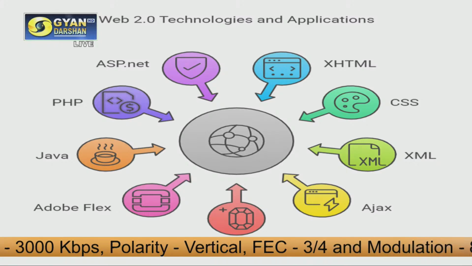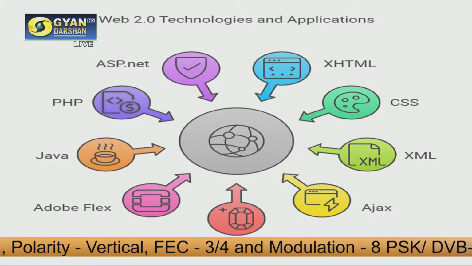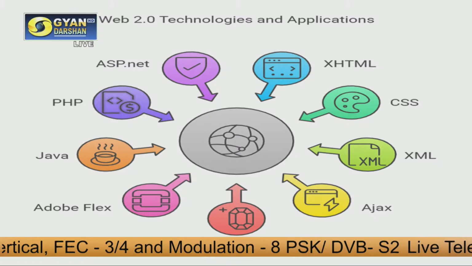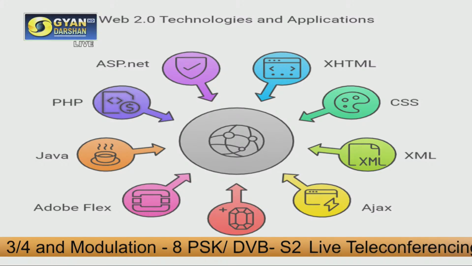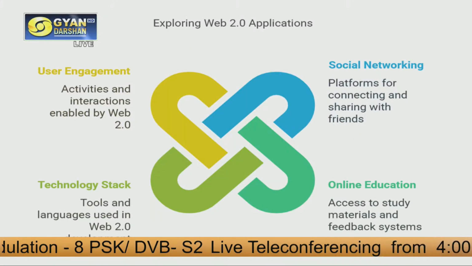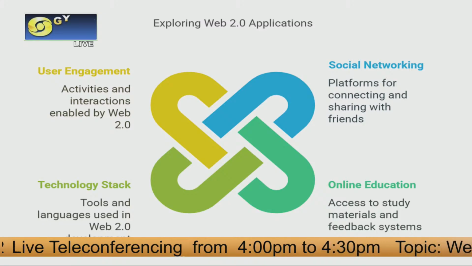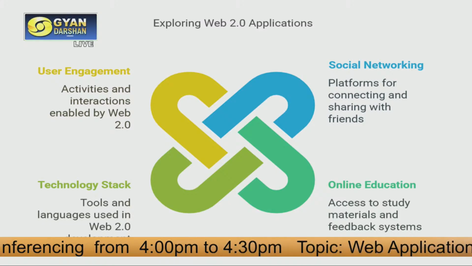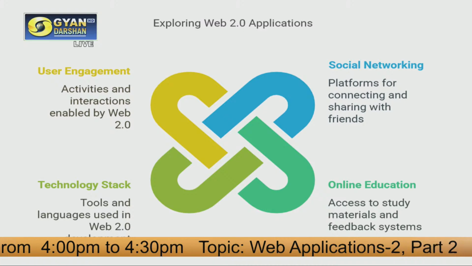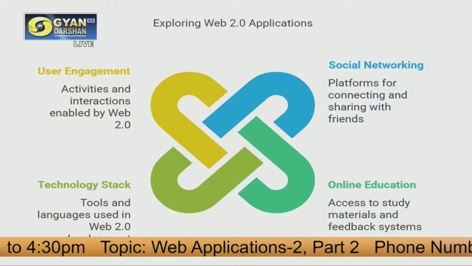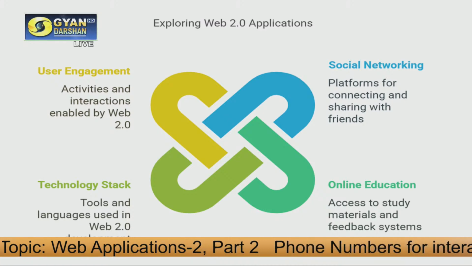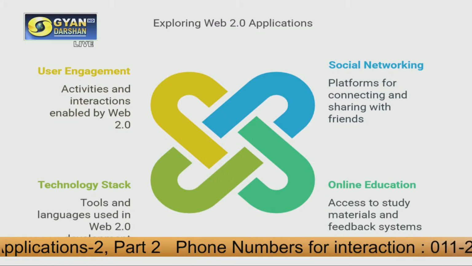We discussed all of these in our earlier session. They contribute significantly towards the development of different versions of the World Wide Web. The World Wide Web explicitly contributes towards social networking, online education, and engaging users, and any number of tools are available to facilitate the Web 2.0 environment.